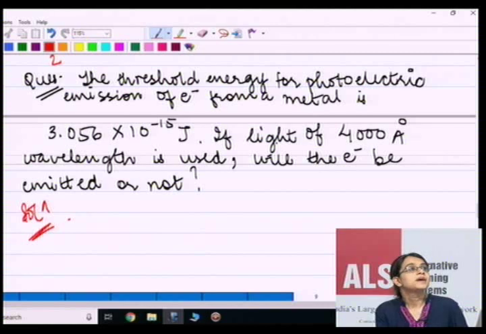Okay, Kohima and Shillong have given us the answer as no. They will not be emitted.